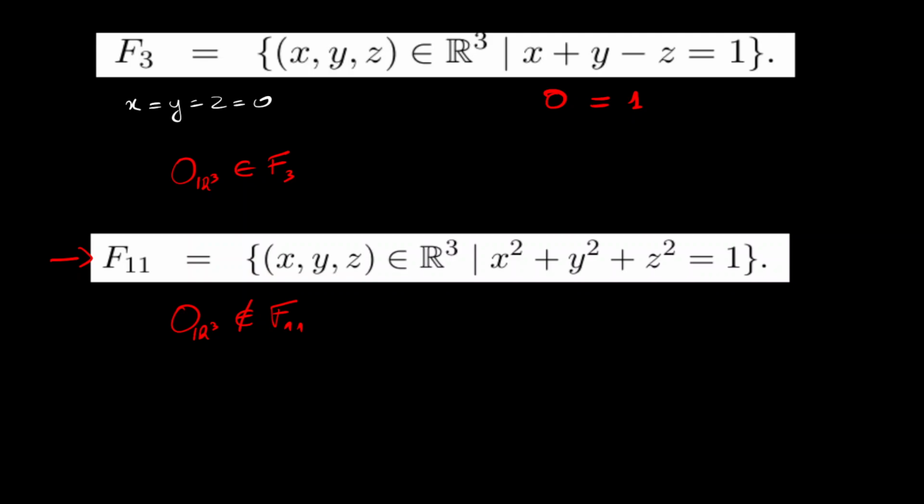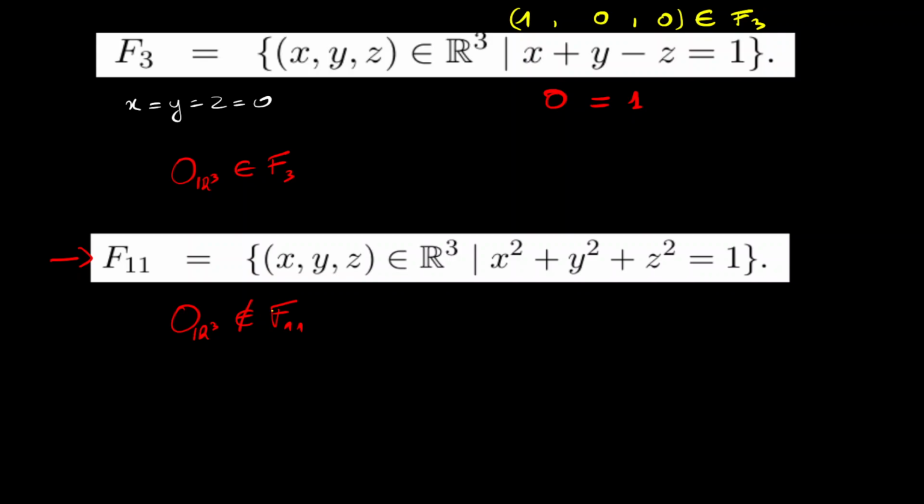To clarify this, I know that these sets are not empty because, for example, the vector 1, 0, 0 satisfies the equation, so this vector is in F3, but the condition of closure under multiplication by a scalar is not satisfied.